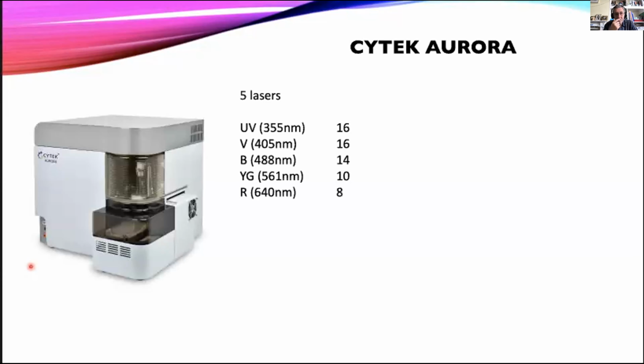But first of all, the machine that we're going to be using today is a 5-laser Aurora cytometer. It looks a little bit like that. What we always need to know are the light sources that we have in our flow cytometer. You can see from the list here that we have 5 lasers: UV, violet, blue, yellow-green, and red.